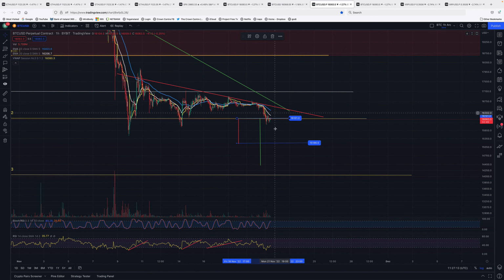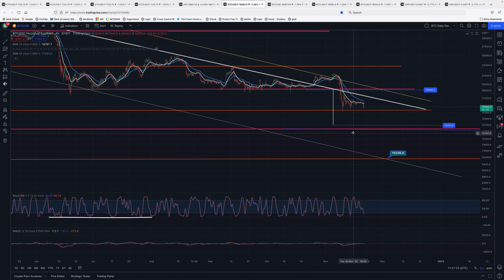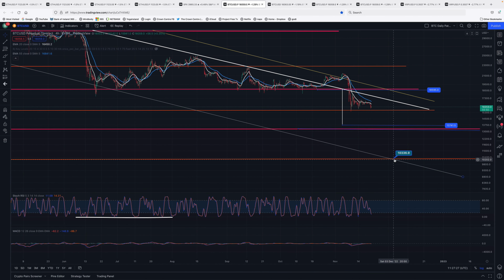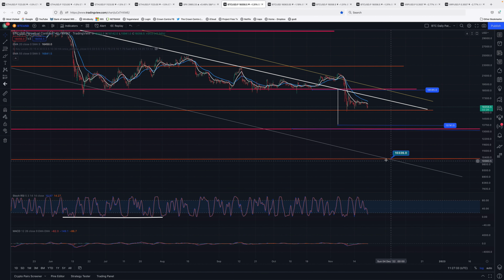I would be trading the backtest and then following down, going with the trend, for either these 2 targets, 14K, 15,200, or following it down to 13.8, or even down to 10,300.